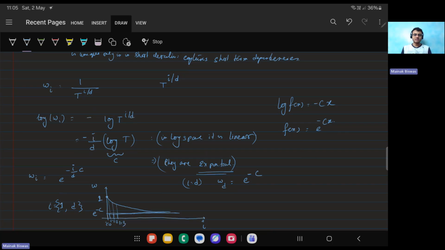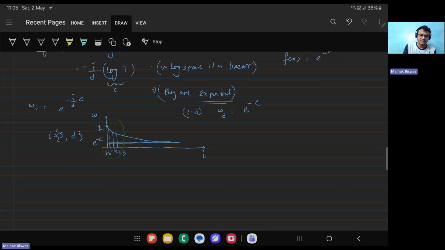So most of the i's would be clustered over here. We know that the exponential family would have that characteristic, right? Most of the omegas, or e to the power minus i by d, would be close to 1.